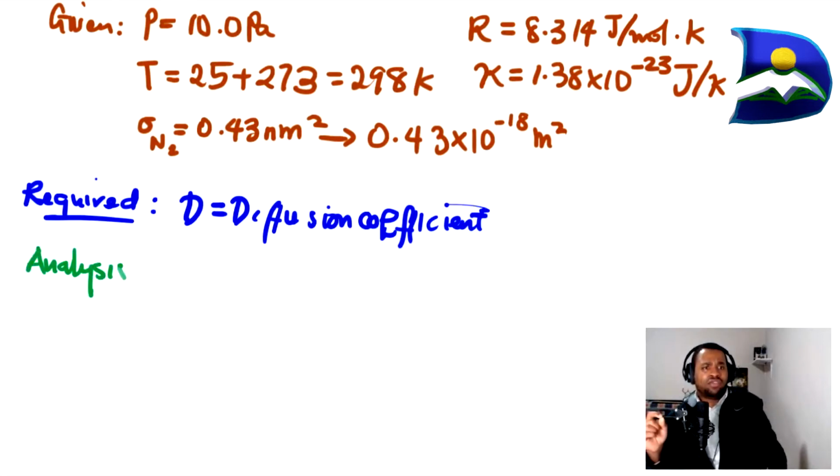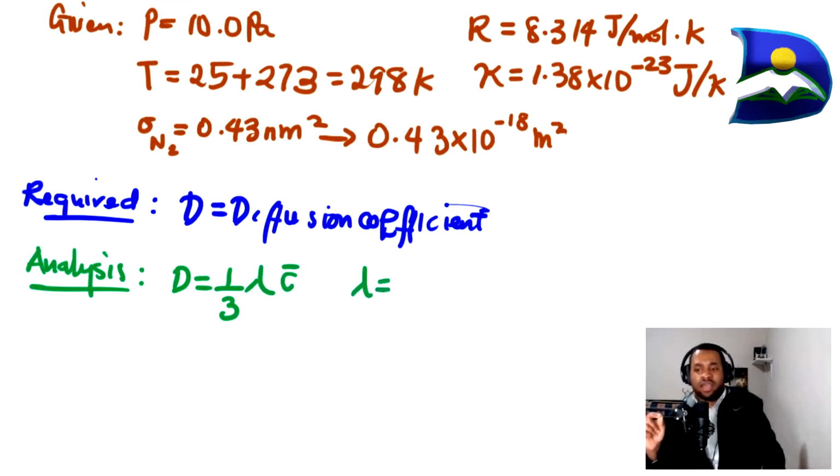In terms of our analysis, based on our diffusion formula, we will need to rearrange some terms and variables to fit the givens. D is equal to 1/3 of the mean free path multiplied by the mean speed. The mean free path is equal to k multiplied by the temperature, over the pressure times the cross-sectional area, and also multiplied by the square root of 2.